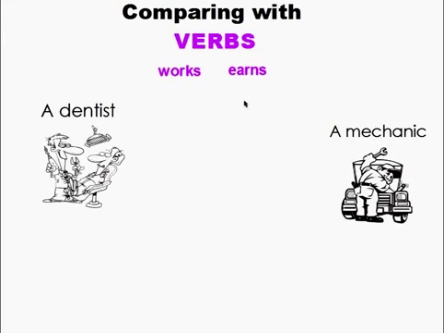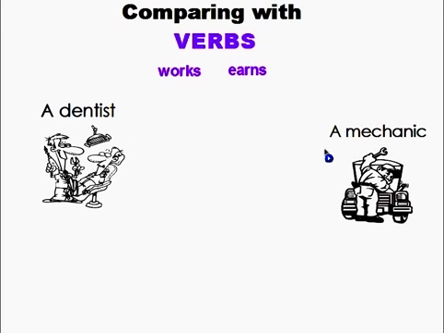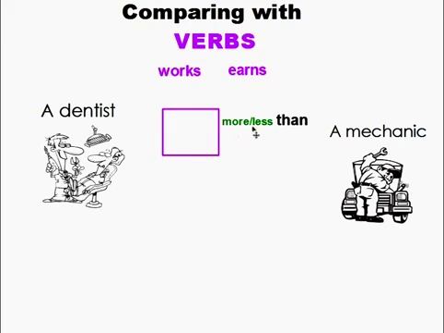Okay, the last way that we're going to compare is comparing with verbs, actions. So for example, works and earns. Remember, earns is the amount of money that the person makes, okay? So who does these things more? Who works more? Who earns more? Well, let's talk about it. So again, we can use more and less to talk about who does the verb more or who does the verb less.